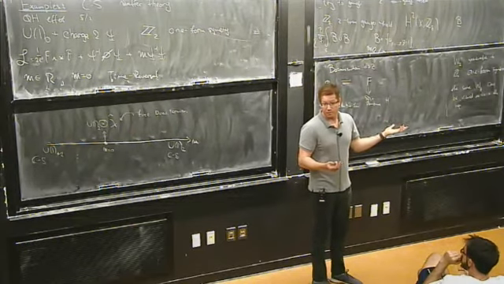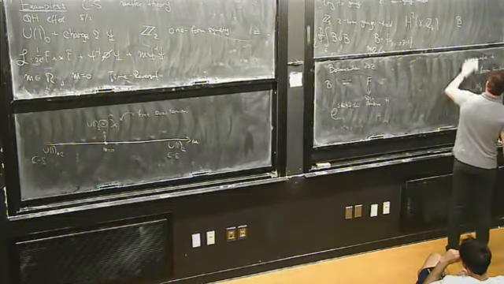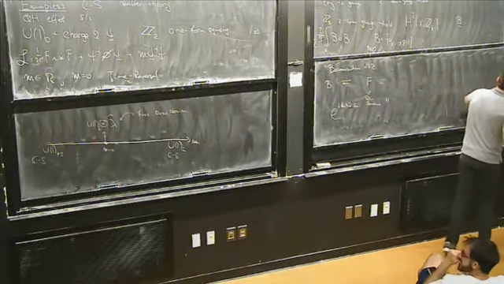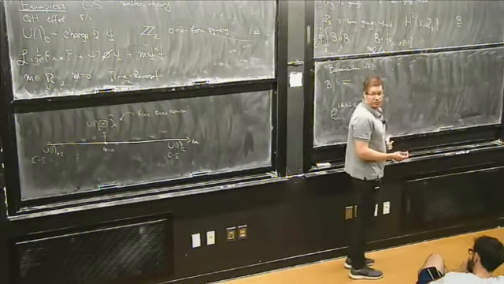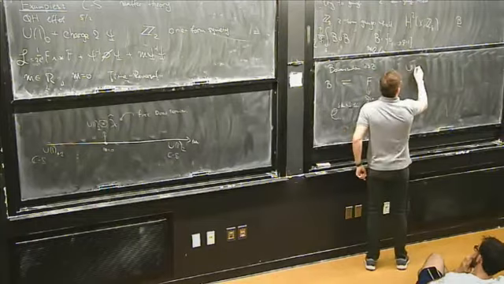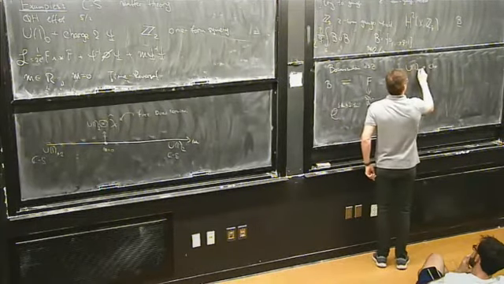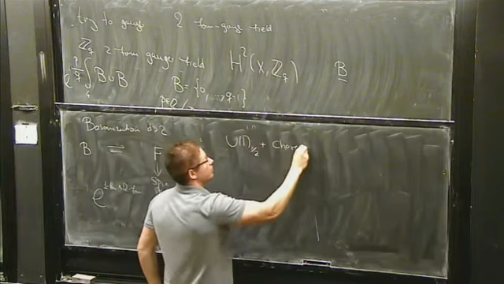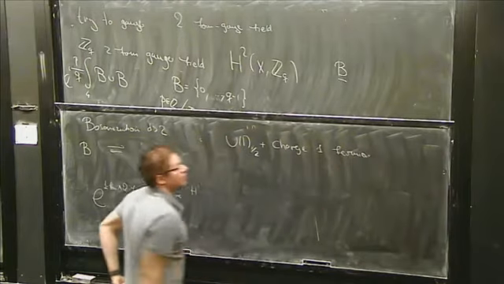Okay, so you can have a stupid example. I can show you a stupid example for an accidental one-form symmetry. So just take U1 level 1/2 plus a charge 1 fermion. This is a very famous theory.